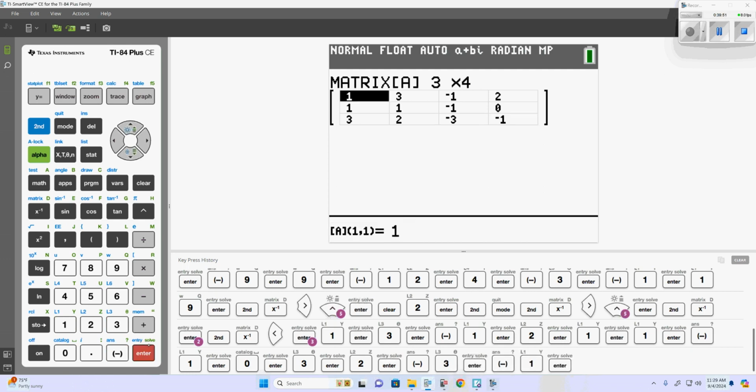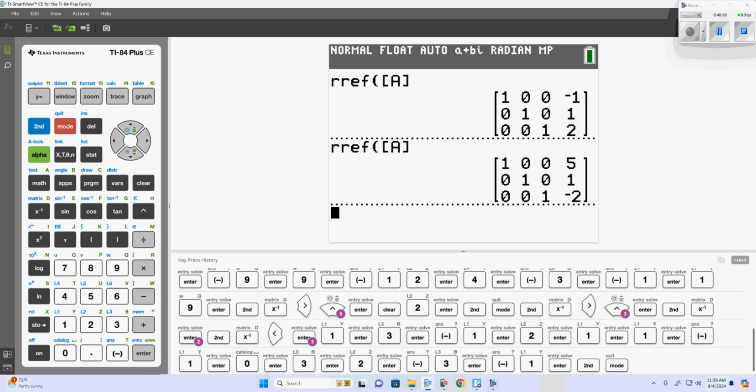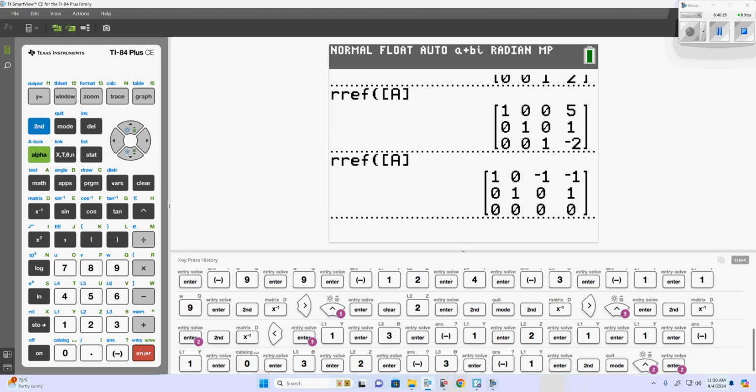Okay. So the one that we did at the start, the homework problem number 13, yes? We found out that the solution was infinitely many because we got an equation of 0 = 0, yes? Let's see what the calculator does with it. Second quit. All right. Now at this point we've done a few, yes? I'm going to cursor up and have it highlight RREFA, yes? Enter. So we're still wanting to use RREF, yes? The A matrix is now the one I'm wanting to use, yes? So instead of having to keep recalling it, I can scroll up and pull it back down if we just change it to A.